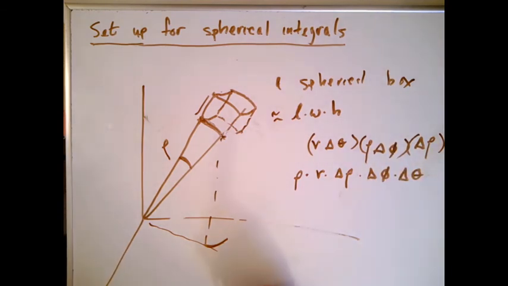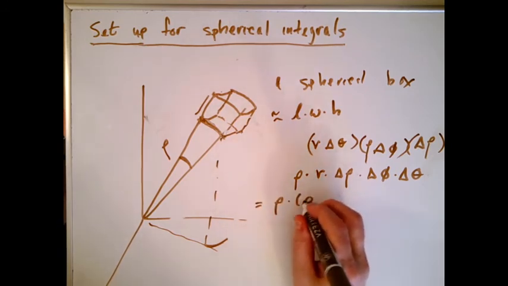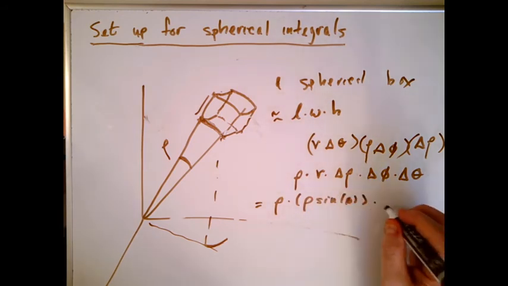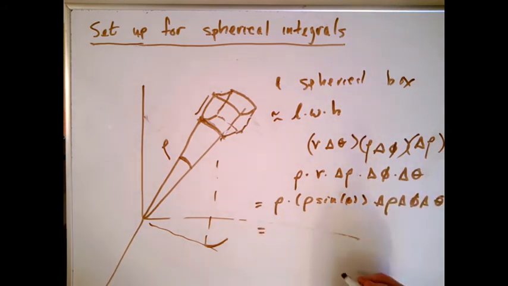Now, one thing I think it's fair to complain about is r. r is not spherical, but we do know from the previous video that r is actually rho sine phi. So what we're going to get here is rho times rho sine phi times delta rho times delta phi times delta theta, and I can at least multiply the two rho's together.